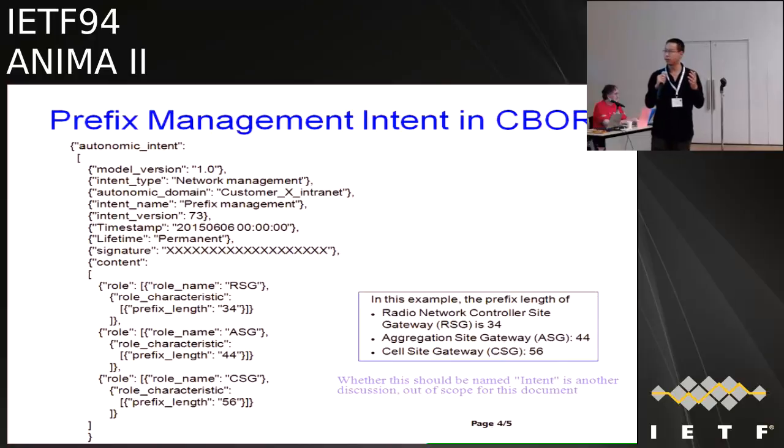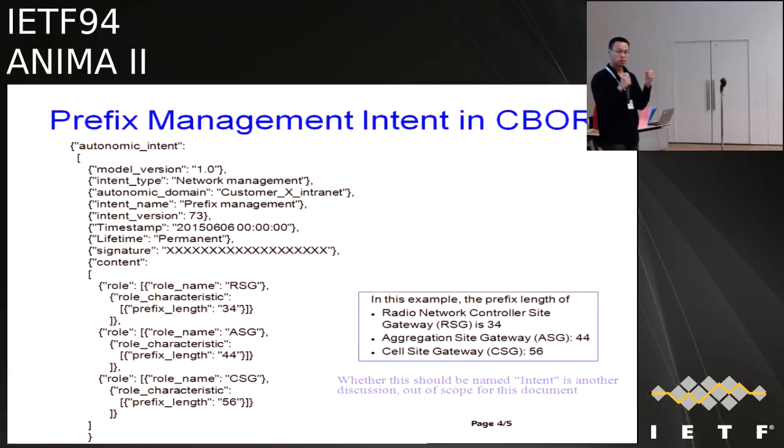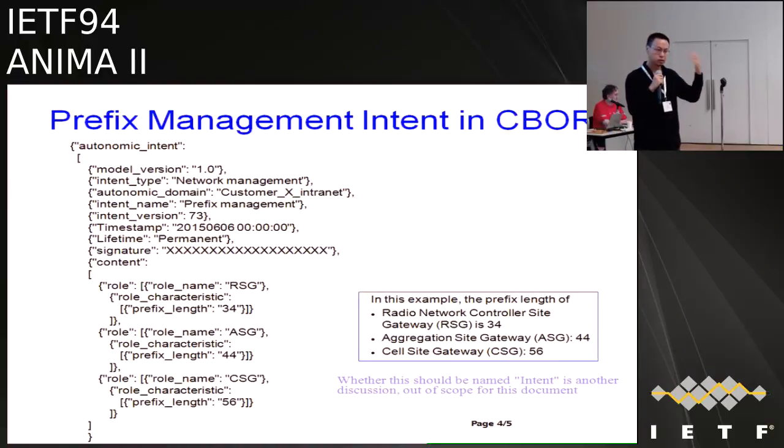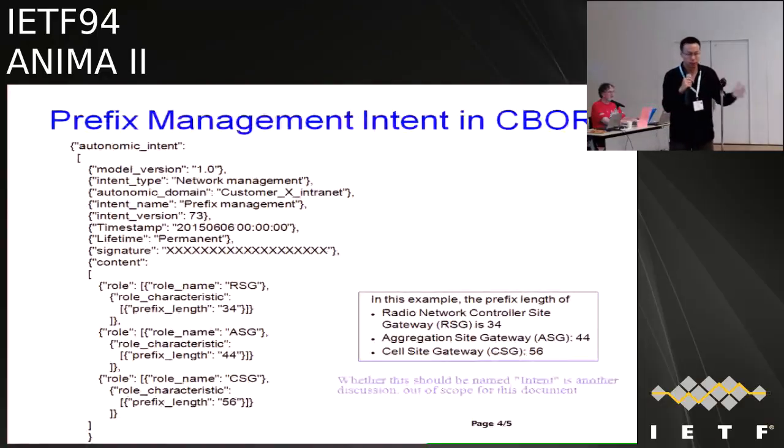Then all those devices could know what prefix lengths they try to get. Then they can autonomically discover the upper-layer devices, which devices have the prefix resource they could allocate, and get that prefix allocated by negotiation. As simple as that, if the autonomic negotiation function is introduced.